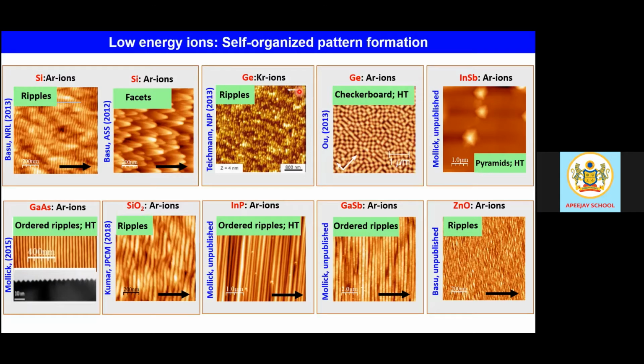For instance, I have shown here several examples based on the elemental semiconductors and a few very important 3-5 semiconductors, although they're not limited, as I have told the other day as well.